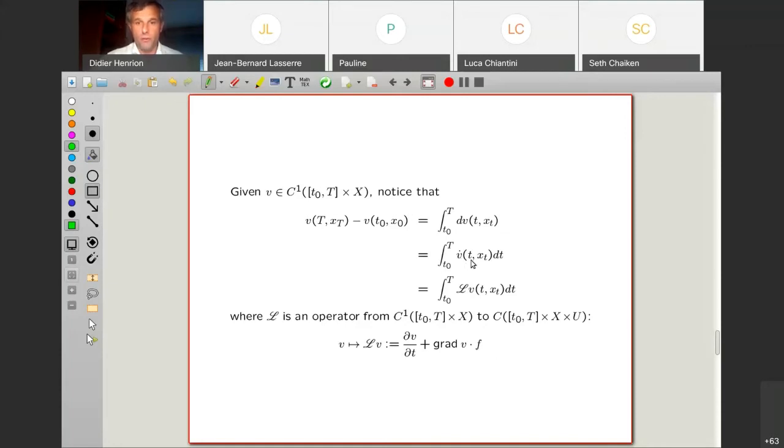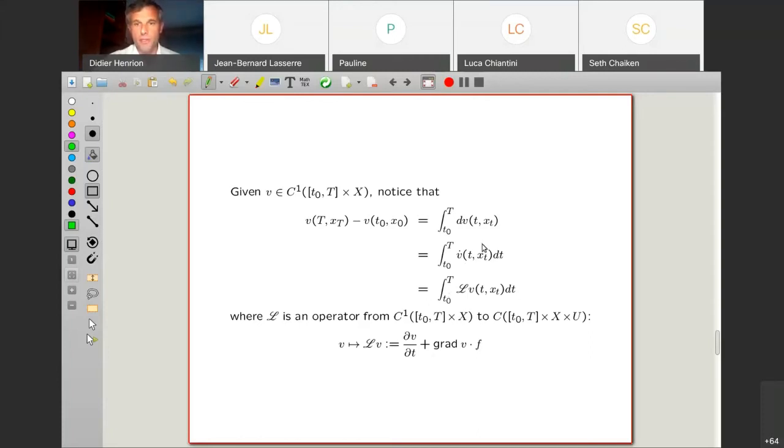and dv over dt is actually equal to the sum of the partial derivatives. So v is a function of time and state. So dv over dt plus dv over dx. But since x is a function of time, this is dv over dx times dx over dt, which is f. This is a prescribed velocity in my ordinary differential equation.